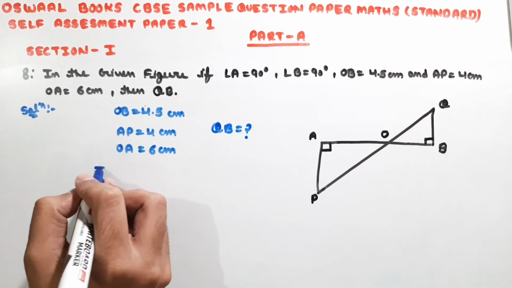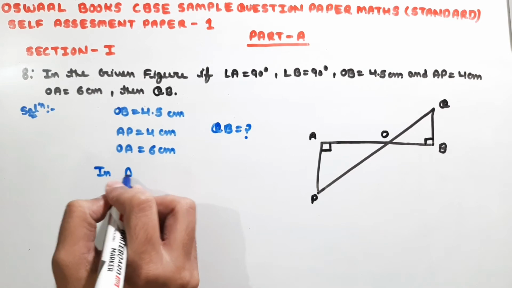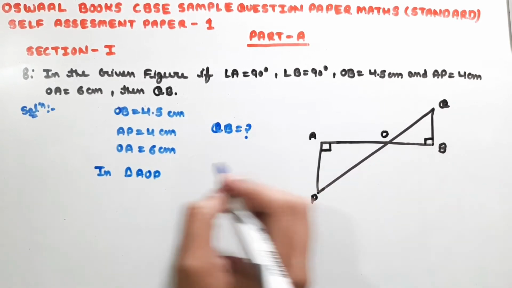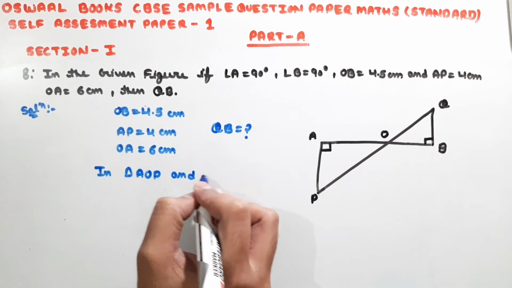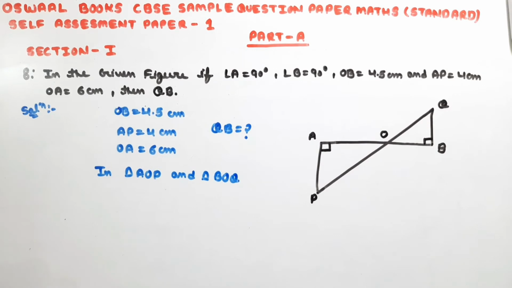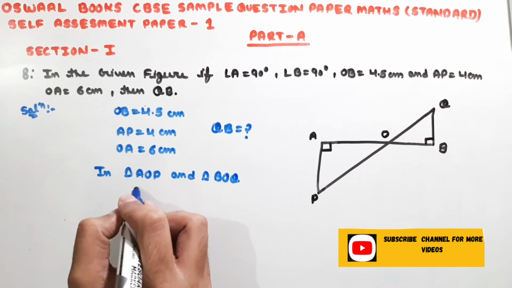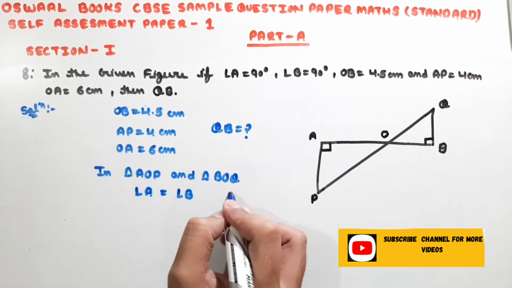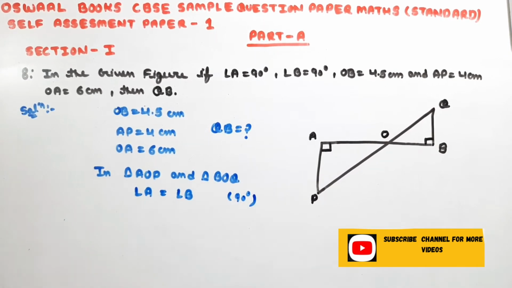In triangle AOP and triangle BOQ, angle A equals angle B, 90 degrees, that is given.